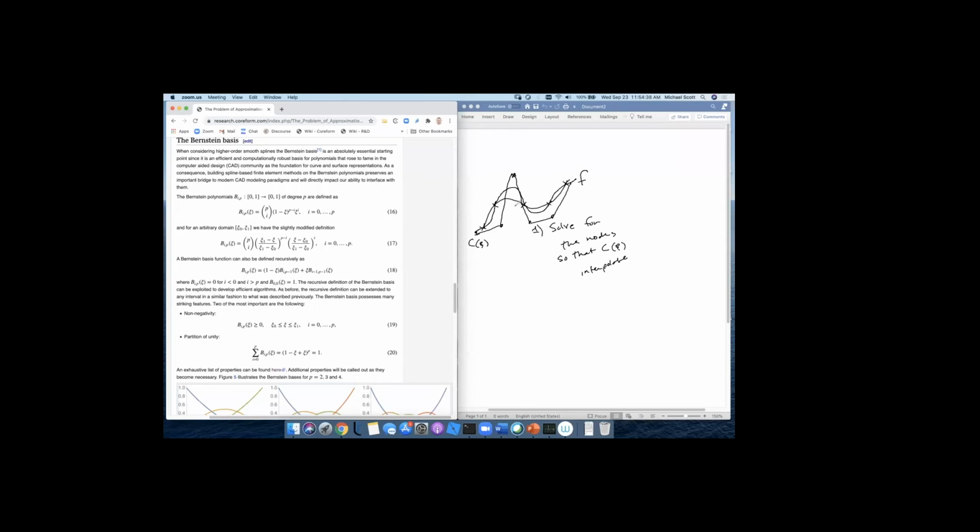And so what you know is, as you refine the control polygon, because of positivity or non-negativity in the partition of unity, this curve has to stay inside the convex hull of this control polygon. And this control polygon is converging to the exact curve.